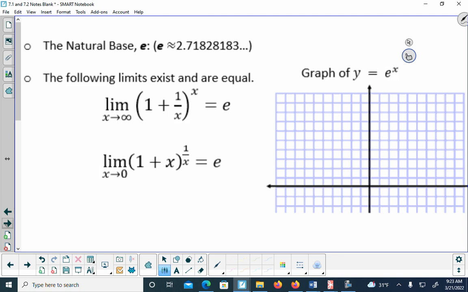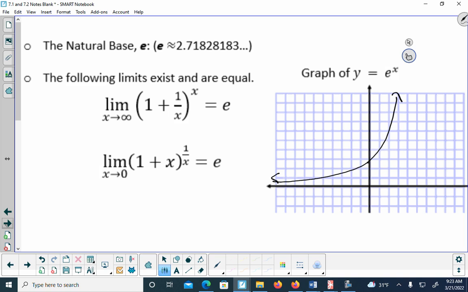The limit as x approaches 0 of 1 plus x raised to 1 over x is also going to be e. If I were to graph that, I'm going to have a function that goes something like this.